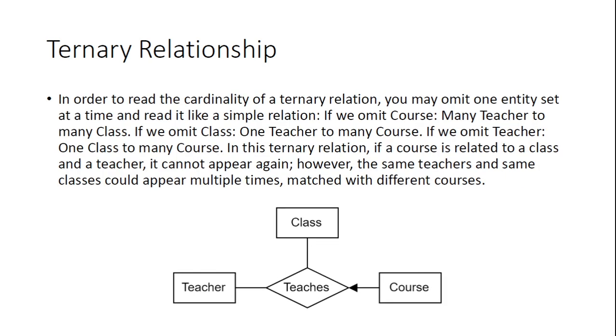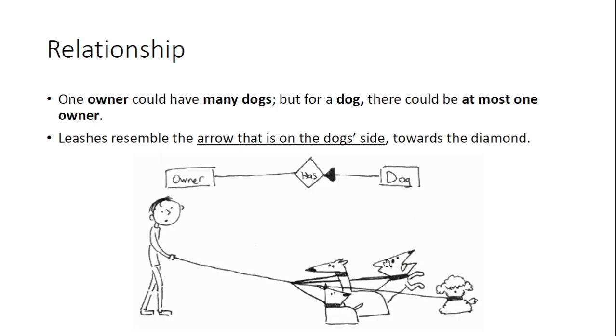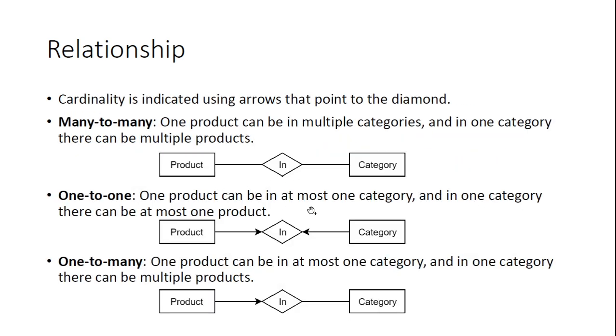For some cases, this is also another example of how to read the cardinality. In the basic case, what we had were the arrow symbols, and since we had just two entities, it was easier to read.